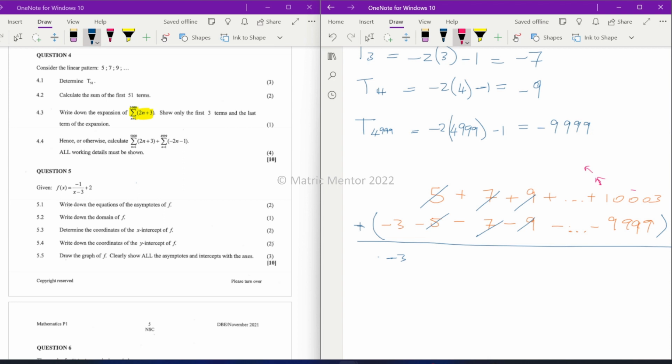So the 9,999 would cancel off with the last term of the bottom series. But there's nothing to cancel off the 10,001 or the 10,003. So we'd have to add that to our answer. So it's going to be 10,001 plus 10,003, and -3.